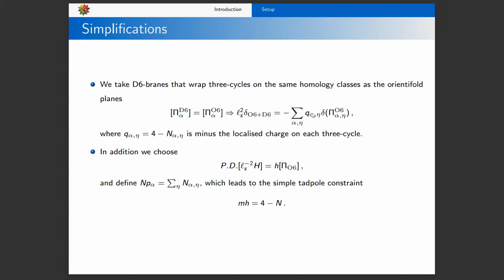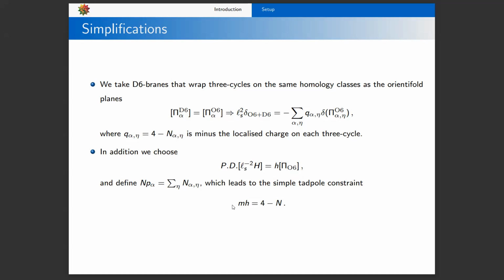For further study, we define the index alpha to label the cohomology classes of our basis, and eta the different representatives inside a given cohomology class of these cycles. In addition, we choose the Poincaré dual of the NS flux to be proportional to the homology class of the orientifold planes.